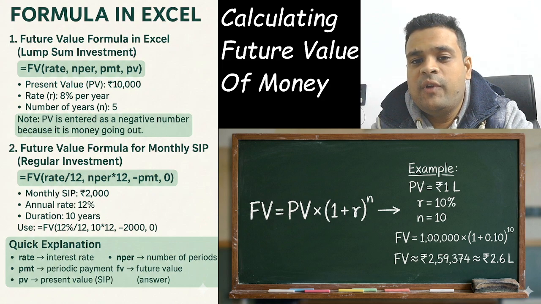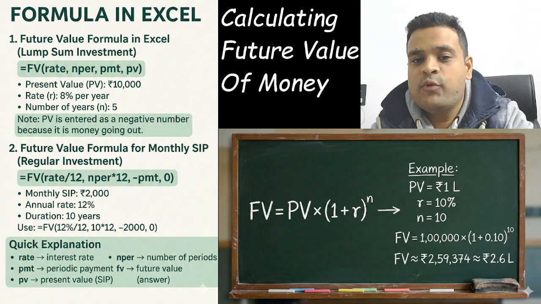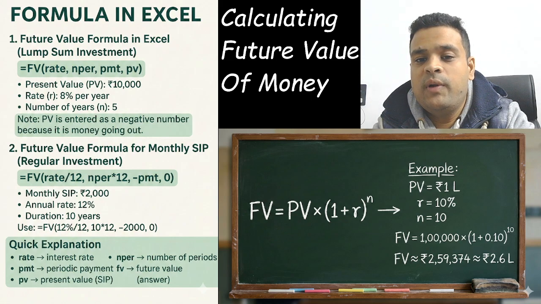For example, suppose there is a monthly SIP of 2000 rupees, the annual rate of return is 12%, and the duration is 10 years. Since it's a monthly SIP, we need to divide the rate by 12 to get the per month rate of interest, and the time period is to be multiplied by 12, as the tenure is increased due to monthly payments.